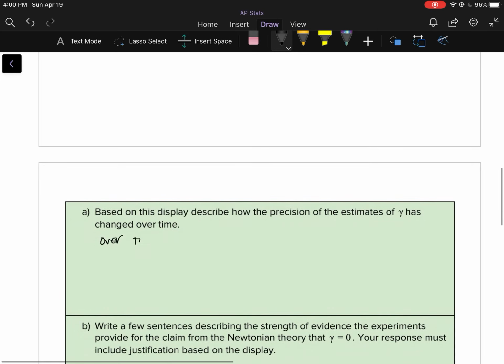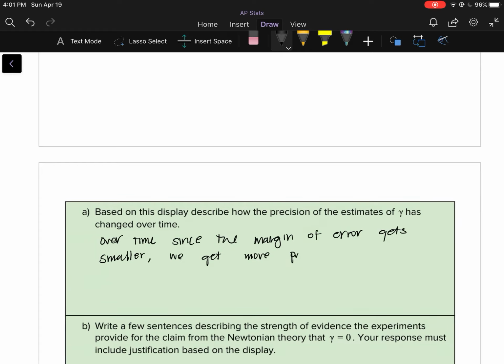So over time, since the margin of error gets smaller, we get more precise at the estimate of gamma. Think of it like margin of error is how much room you get to make a mistake. The smaller the room for mistakes, the more precise your answer has to be.